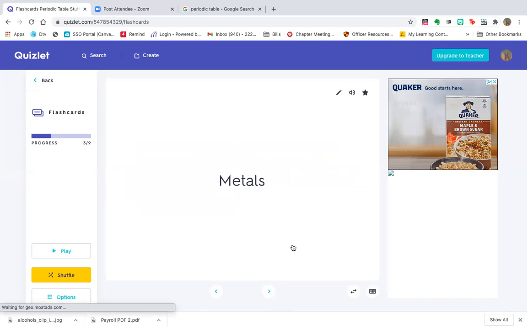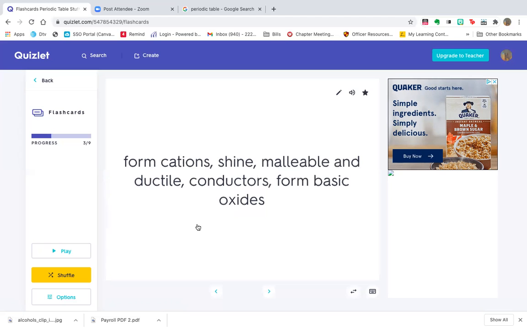This is not asking about that. This is asking about the characteristics of metals. I should have put that on the slide. So just give me like 3 characteristics of metals. Ductile, form cations, and conductors. Yeah.